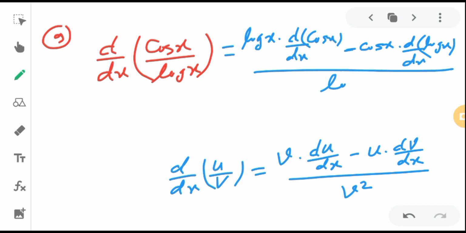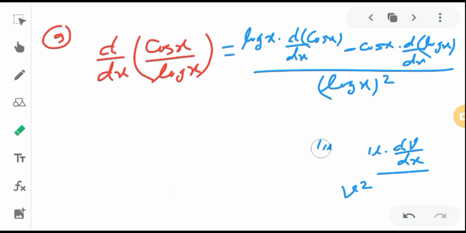V means log x, so log x square. So by using this formula I expanded this derivative. Here cos x is u and log x is v, so using this formula I wrote. Now I will solve that.